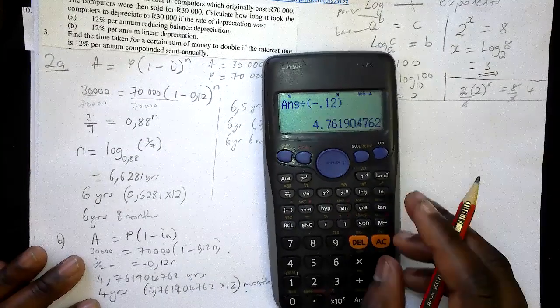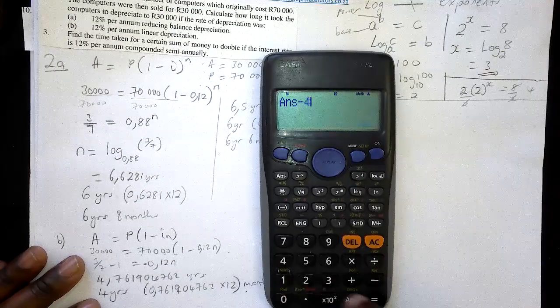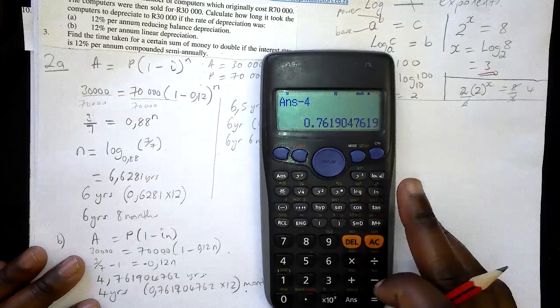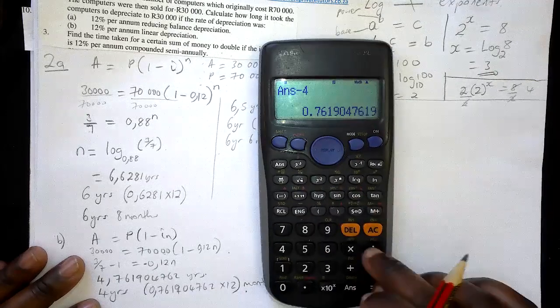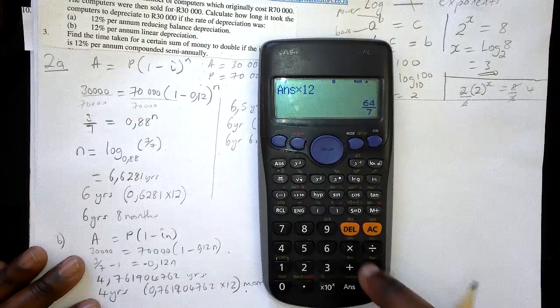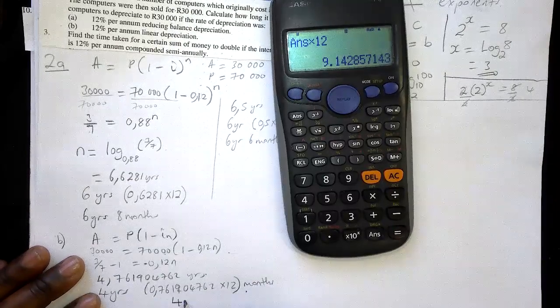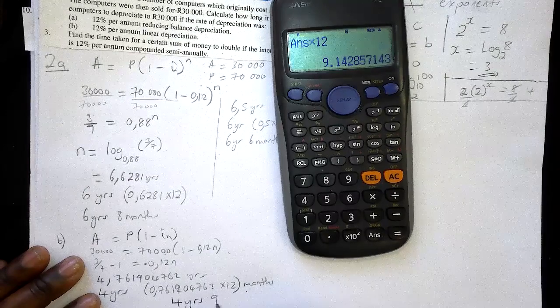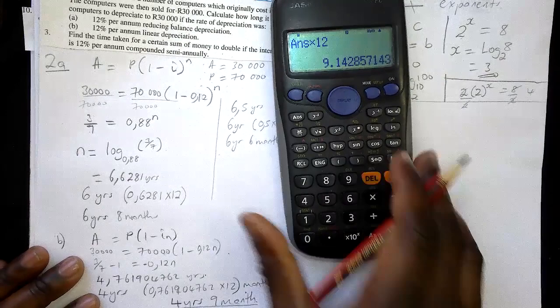So let's just subtract 4 so that we can get the decimal fraction that we want there. We say times 12 there. What do we get? We get 9.14, which is approximately 9 months. So your answer there is going to be 4 years, 9 months. That's our final answer there.